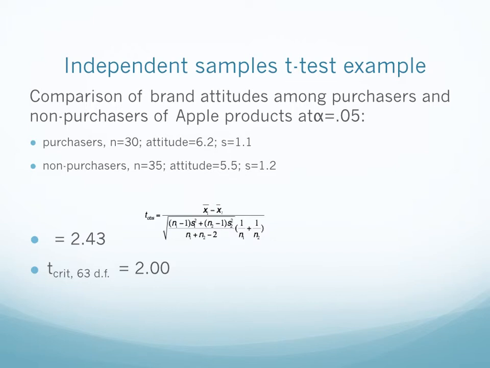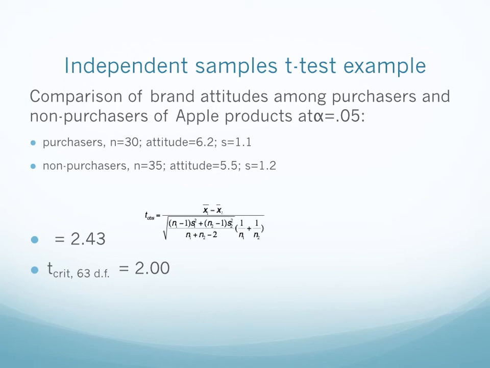For purchasers, we had 30 purchasers. The average score was 6.2 with a standard deviation of 1.1. And for non-purchasers, of whom we had 35, the average attitude score was 5.5 with a standard deviation of 1.2. Again, plugging those values into the expression to calculate the observed t, we get an observed t of 2.43, and we compare that with the critical value of t for 63 degrees of freedom.